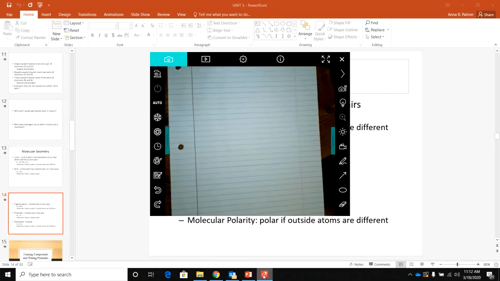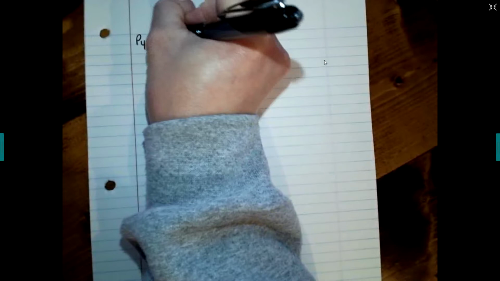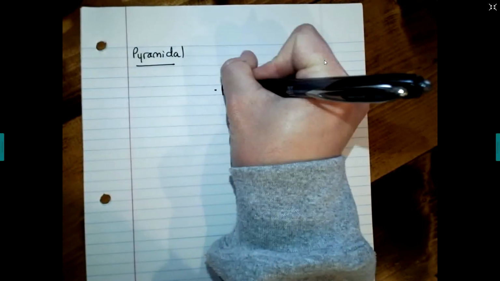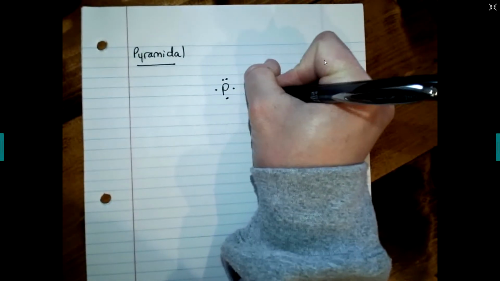So let's look at that molecule PF3. We're talking about the pyramidal shape. Phosphorus is in the middle. Fluorines are on the outside.